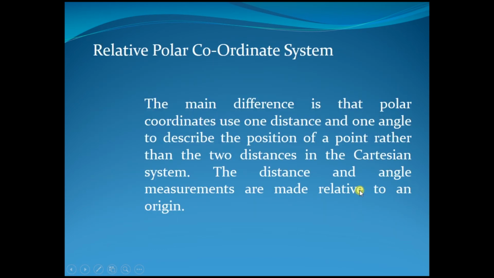We move on to the next one, the relative polar coordinate system. The main difference between rectangle and polar is angle. Rectangle depends on perpendicular formation of 90, 180, 270 degrees. In polar, we can use each and every angle. You can use 5, 4, 3, 2, anything. So for this, you need a distance and an angle.